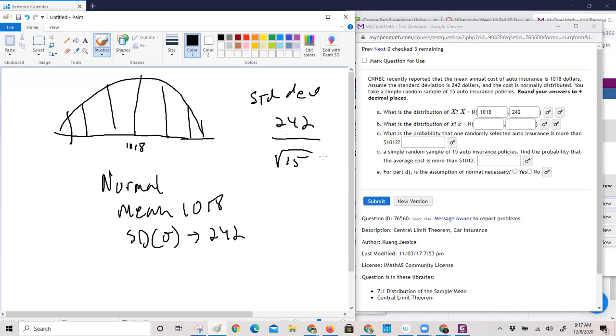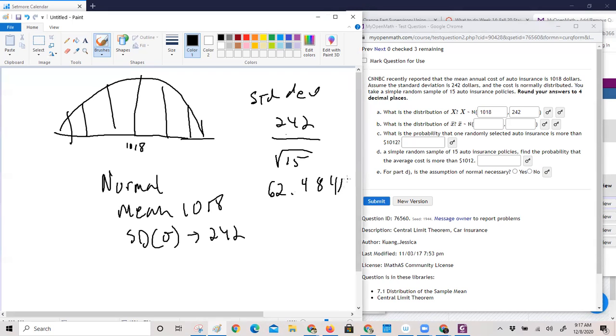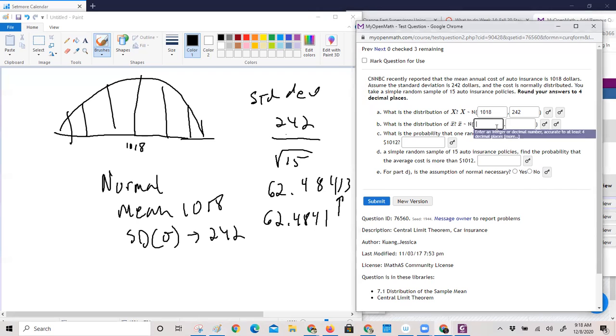So that works out to be 62.48413, and I want to round to 4 decimal places. Since the 3 is less than 5, I'm going to leave it as 62.4841.